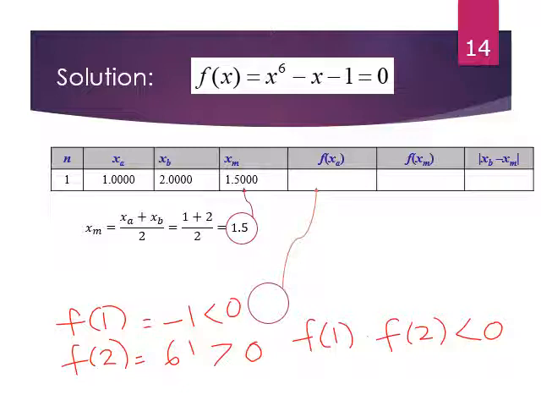The next step is to halve the interval: 1 plus 2 divided by 2, then you get 1.5. So the midpoint in between 1, 2 is 1.5. Evaluate the function at the point xa and the point xm.